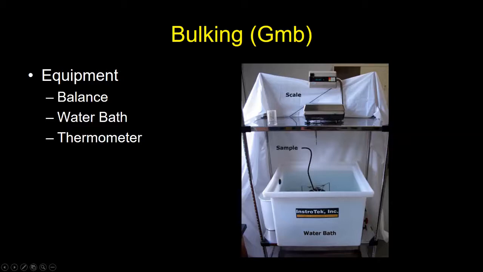What's happening is the water starts to fill in some of the voids in the sample. If the sample was really coarse, it's going to have lots of pockets for the water to flow in and push the air out. If it's really dense and has a lot of fine material, it's going to be harder for that water to seep in. So we're able to figure out how much water seeps into this.